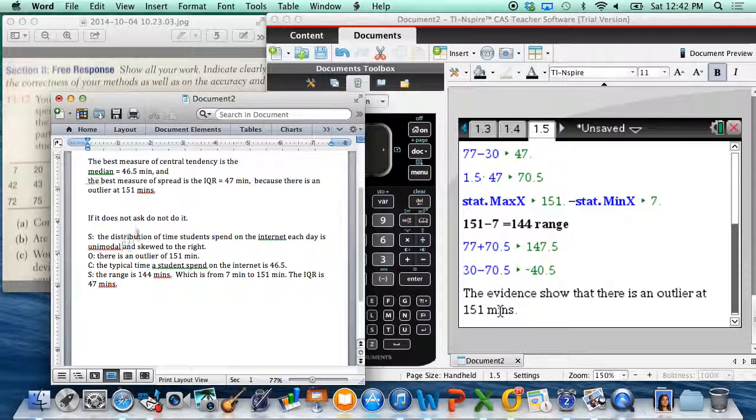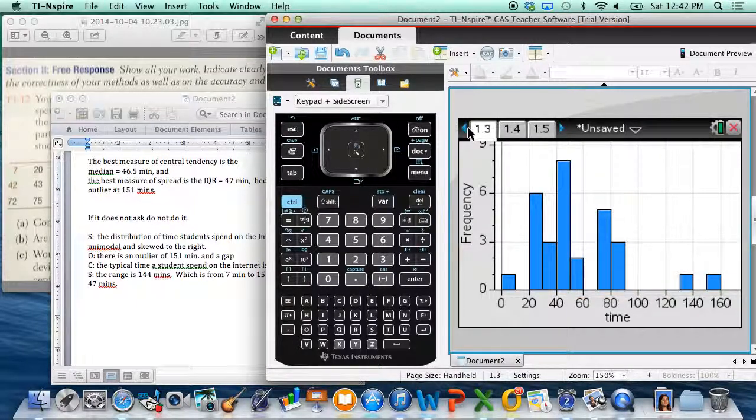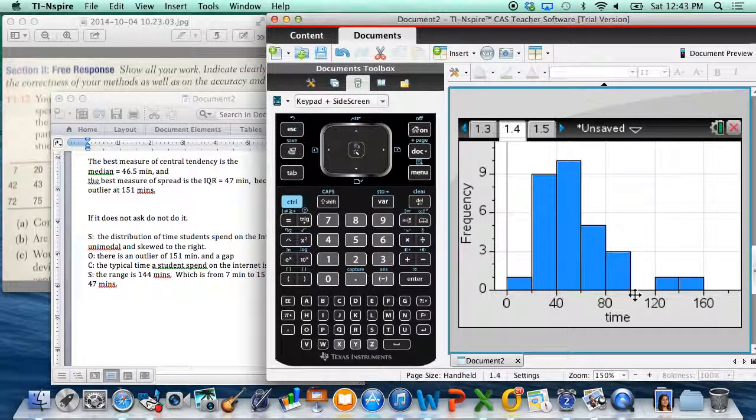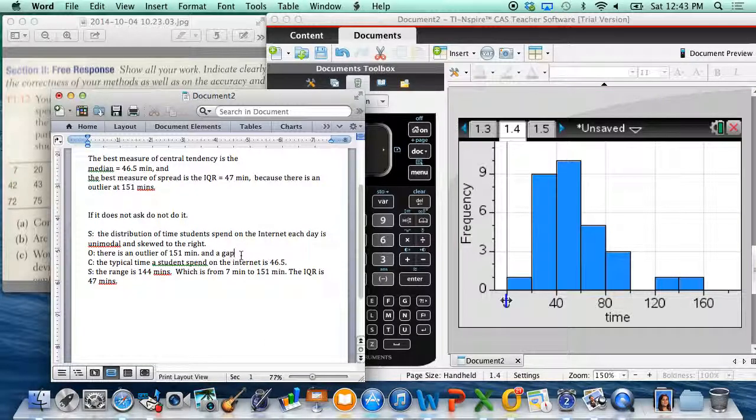But I'm just going to go over this one so that we know. What is the distribution of the time a student spends on the internet each day? It is unimodal and skewed to the right slightly. There's an outlier at 151 and a gap between 100 and 120.